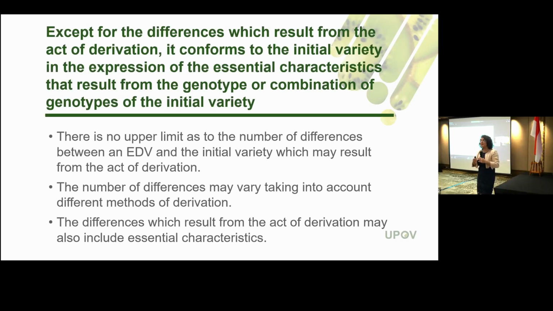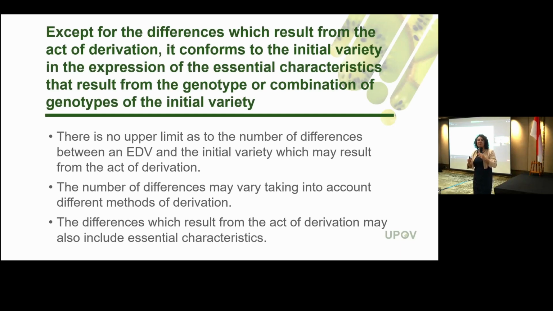And those differences could, in some cases, be an essential characteristic. So that means that at the end, it is possible that the essentially derived variety has some difference with the initial protected variety in relation to an essential characteristic, because that essential characteristic is a result of the act of derivation. This is very complicated, I know. But you see my point?